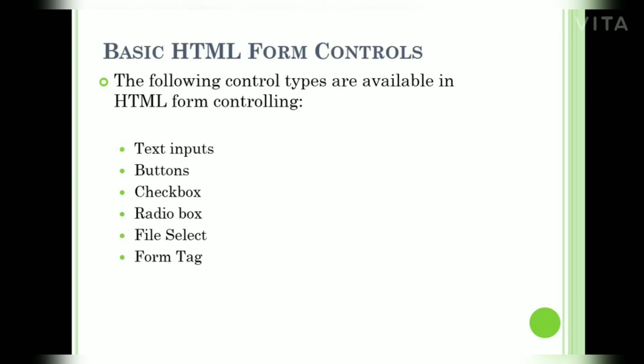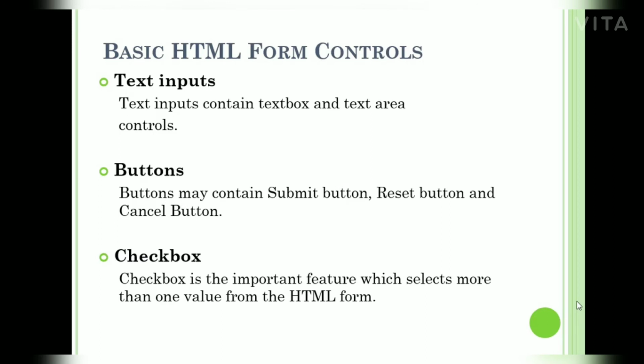Basic HTML form controls. The following control types are available in HTML form controlling: text inputs, buttons, checkbox, radio box, file select, form tag, etc. Text inputs contain text box and text area controls. Buttons or command buttons may contain submit button, reset button and cancel button.